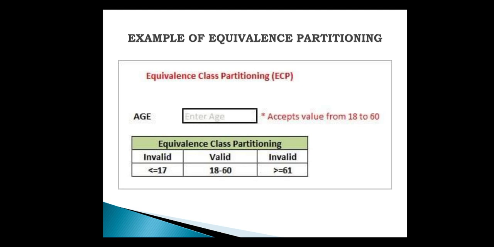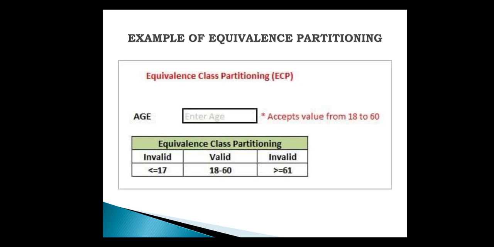So all our classes are checked, and there is no need to check each and every individual number by passing it to the age field. You can just pick any one input from each class, pass it to the field and check your result.